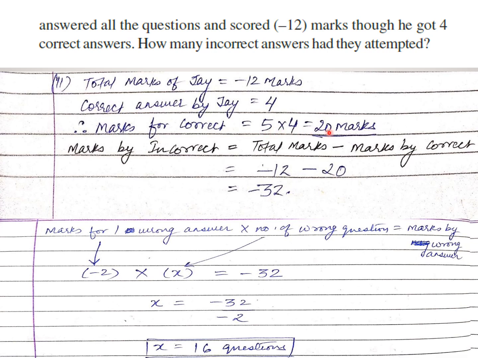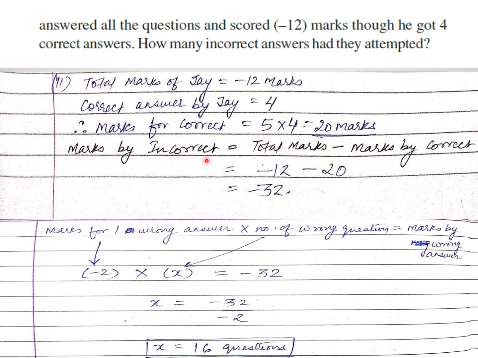As he is getting minus 12 marks, let's see the equation we found in the last question: marks by incorrect is equal to total marks minus marks by correct. So total marks is minus 12, then we have a minus sign, marks by correct is 20. Minus 12 minus 20 is minus 32. So he obtained 20 marks by correct answers and minus 32 marks by incorrect answers.